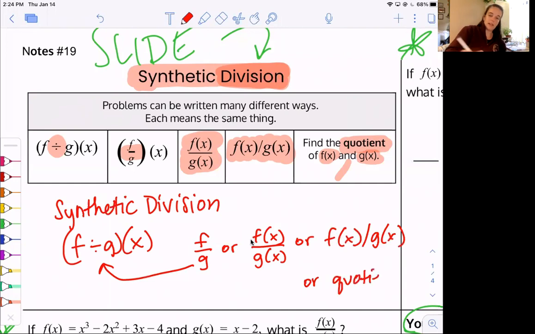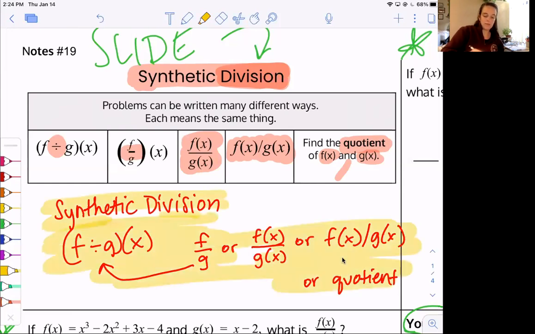I might not write down all of these words. Up to you. If you already wrote down a bunch of stuff, that's totally fine.